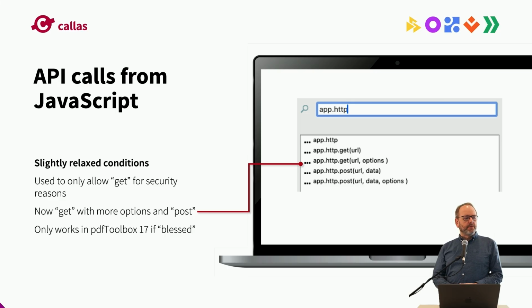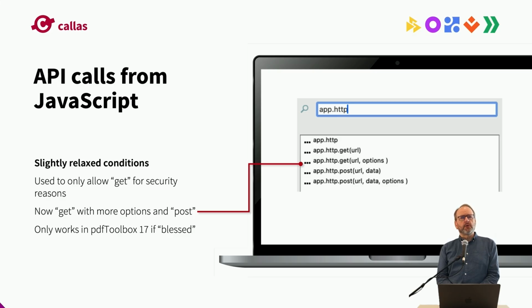There have been long-standing requests to allow a little bit more in JavaScript when it comes to making API calls. So if you have done anything with JavaScript in pdfToolbox, then you know that there is an app object, and that app object has an HTTP property that can be used to do HTTP calls.